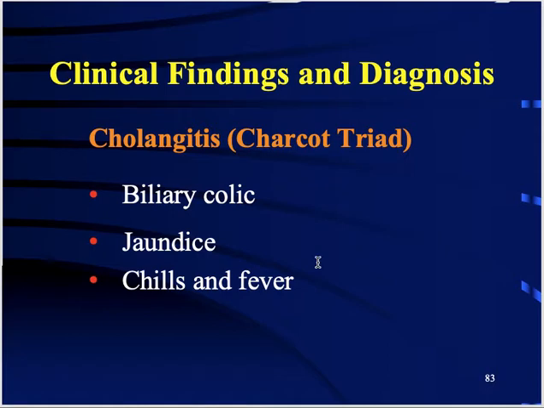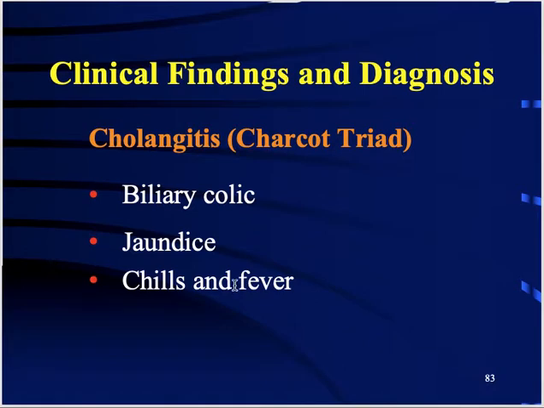Now not every patient presents with the same intensity. Some have mild disease, some have self-limited disease, but some have life-threatening disease as well. Most of the patients who have cholangitis are old and female.